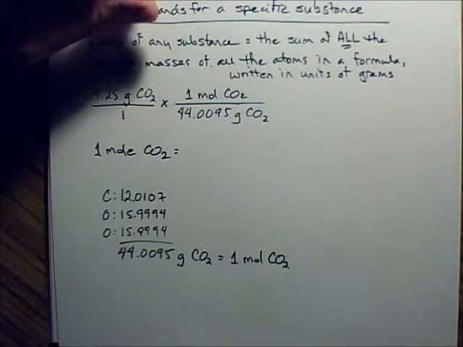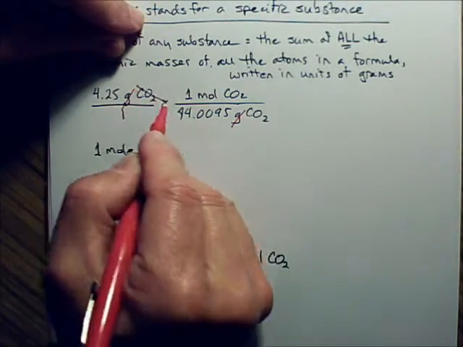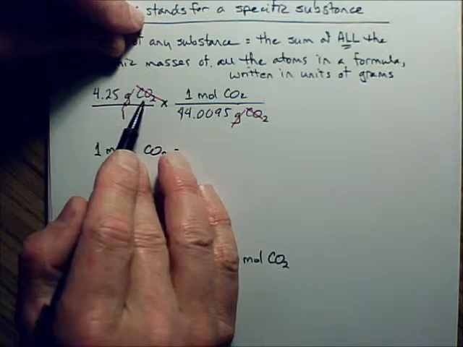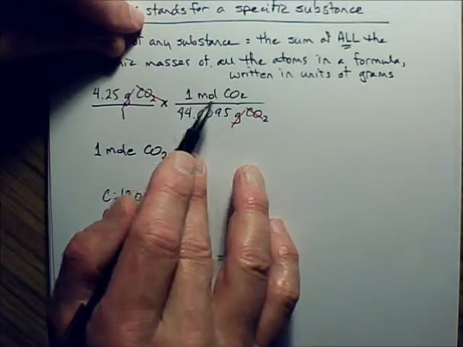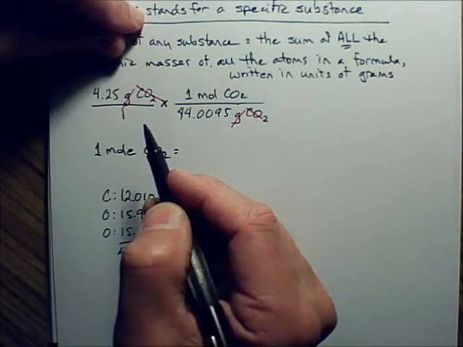Cancel your units. Cancel the units. Cancel the species. You don't cancel out the CO2 where it doesn't have the grams in front of it. You can cancel the CO2 because they got one up here and one down here. No, we don't cancel that. There's nothing to cancel. There's no moles of CO2 on the bottom. I can't cancel that.